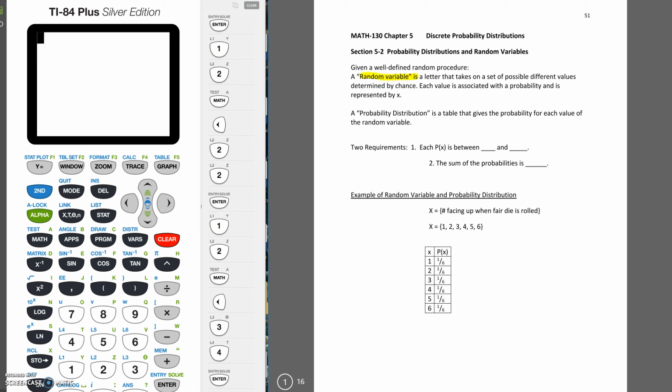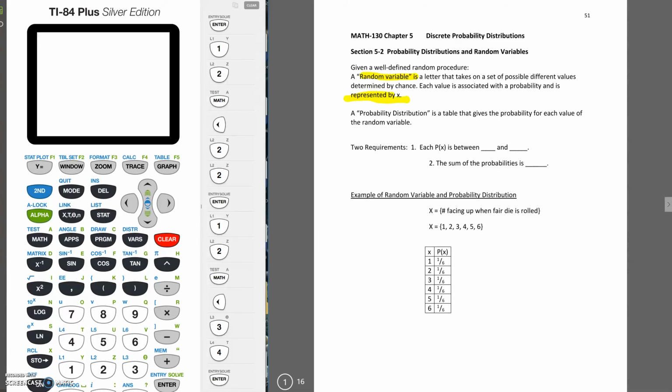So for example, if we were rolling a dice, we could get a 1, a 2, a 3, a 4, a 5. Or we could roll a dice a certain number of times and we could talk about how many times you get a 5, something like that. So each value has to have a probability, and the value itself is represented by x.